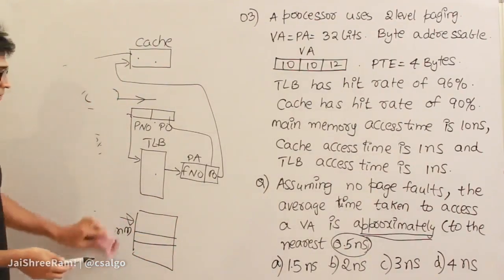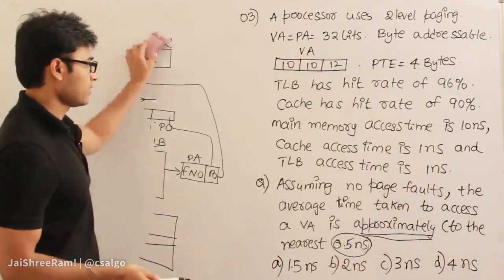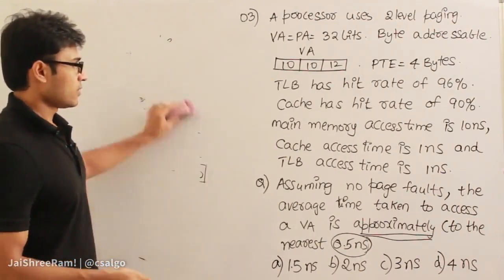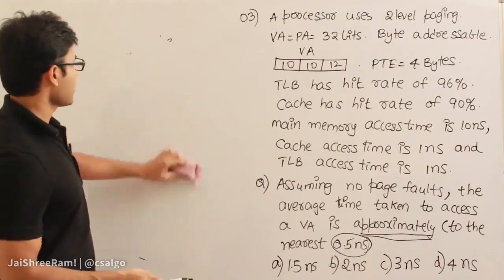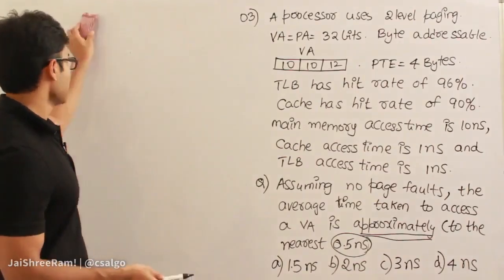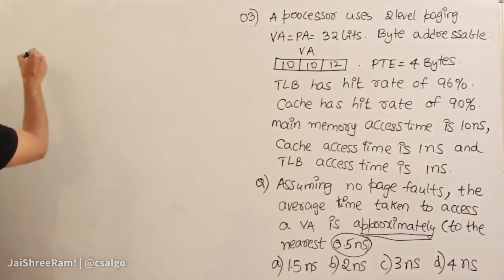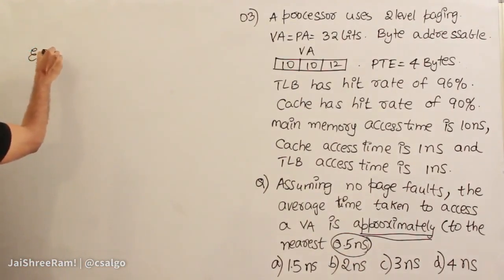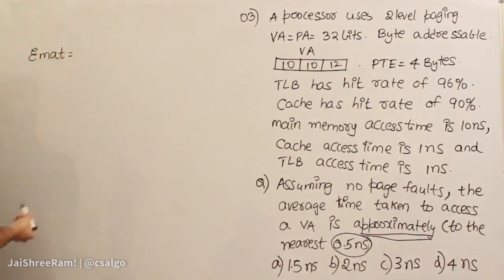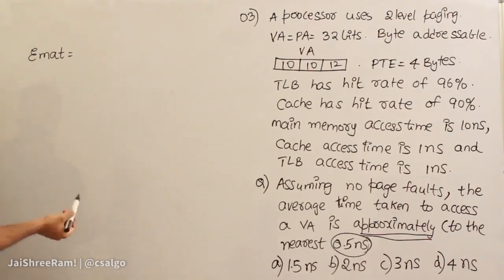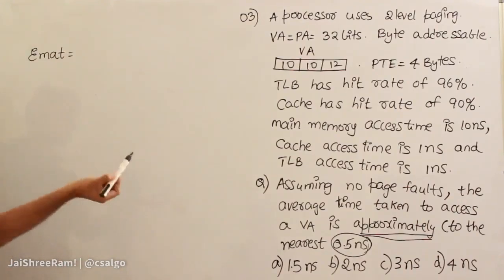Effective memory access time is what they are asking, right? That is also called the average time taken to access a virtual address. Now let's compute this.